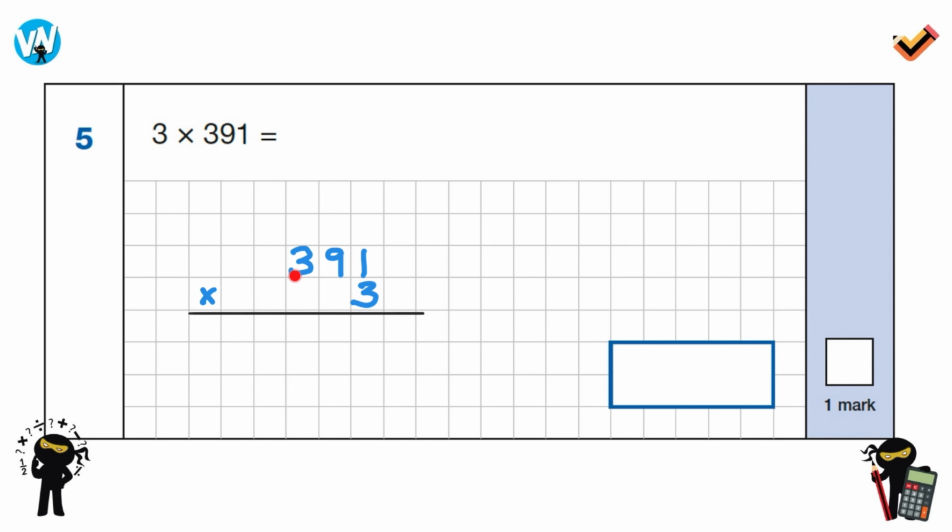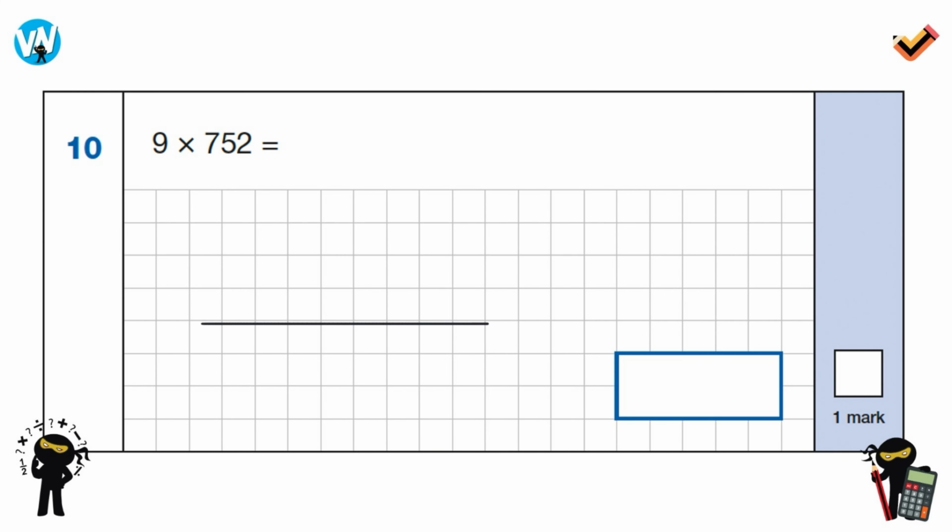We're going to end up clogging up these areas, so we must concentrate and make sure that we carry out the calculations we want to. 3 times 1 is 3, very simple. 3 times 9 is 27, so we're going to put the 7 in, carry the 2. 3 times 3 is 9, add the 2 is 11. So, and the 1 just drops down. So we end up with 1173. And that's hopefully how we get our mark.